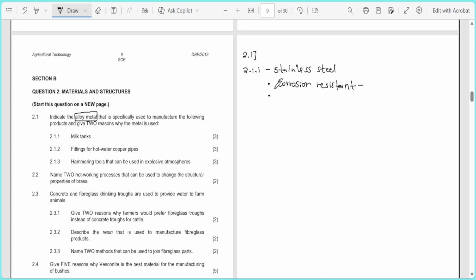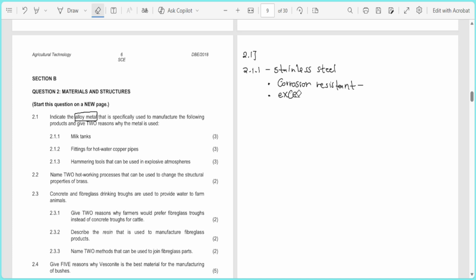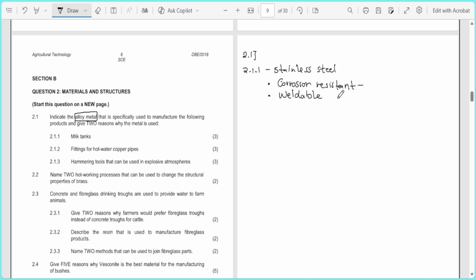Now, the second reason is that stainless steel is weldable. Is this even a word? Weldable.